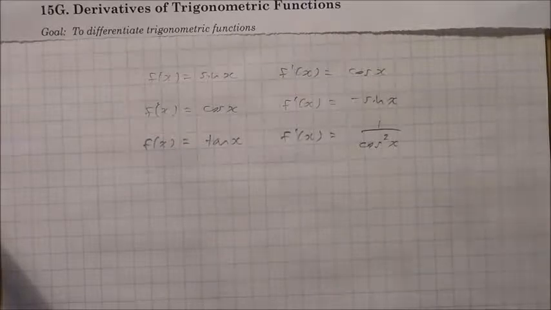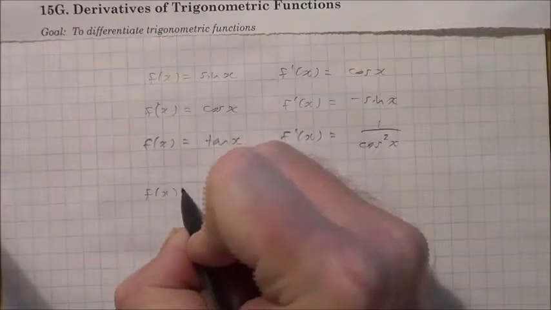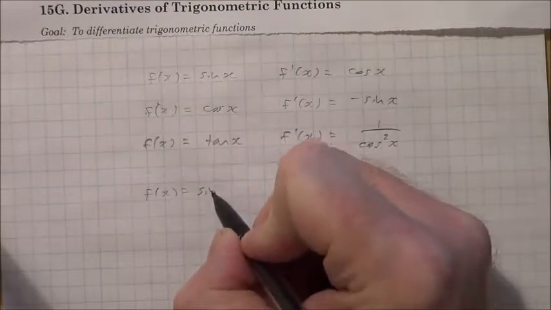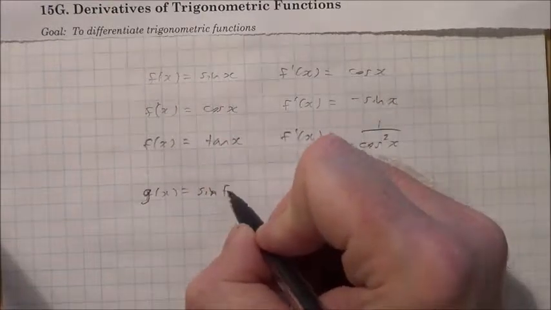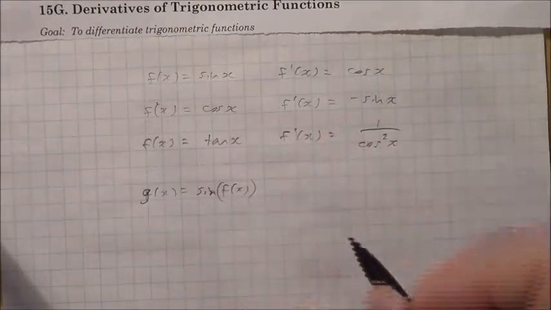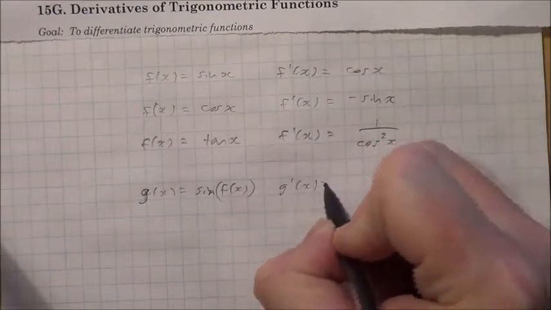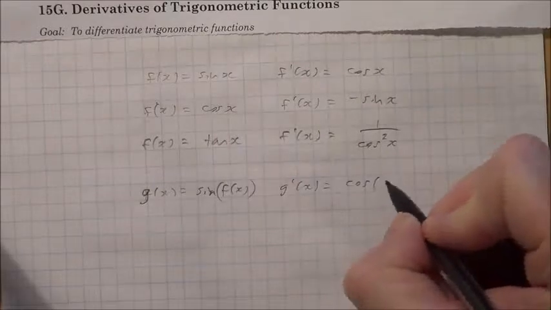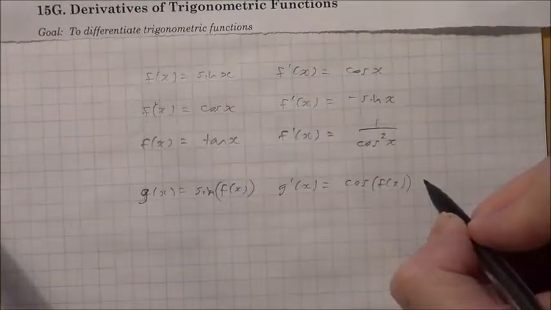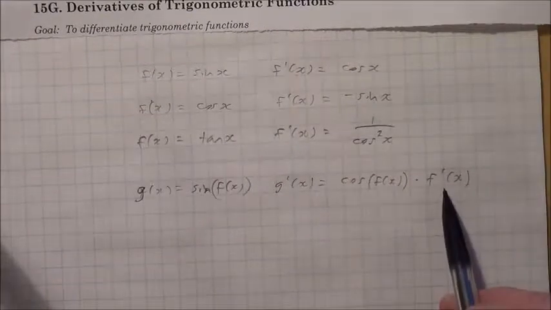And along the way, if we extend this a little bit further, let's say g of x is sine f of x, then g prime of x is going to be cosine f of x multiplied by the derivative of f of x.